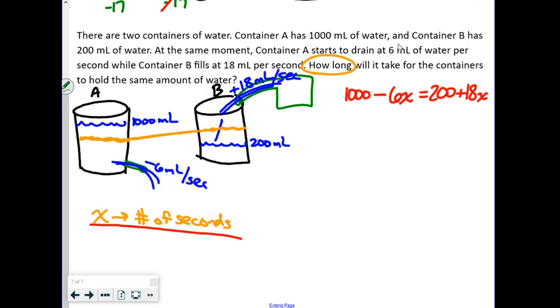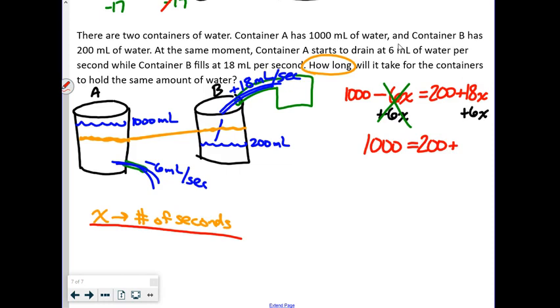You can cancel out the -6X or the +18X. Either way is fine. The way I see it, it's easier to cancel with addition. It's just mentally a little nicer to add, I feel. So these cancel, and now I'm still left with 1,000 on the left side.